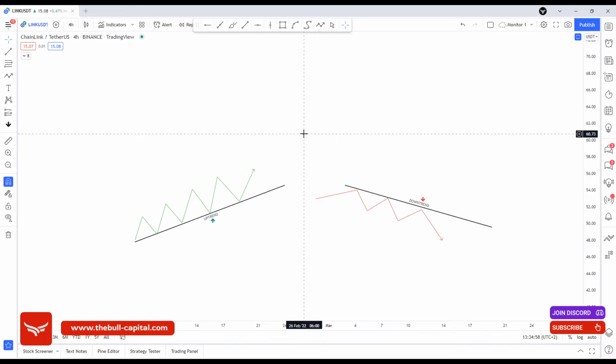So let's say we have an uptrend, then we have a pause in the market which is a flat or sideways trend, and after that it's gonna start a new trend. It can be an uptrend or a downtrend, okay?